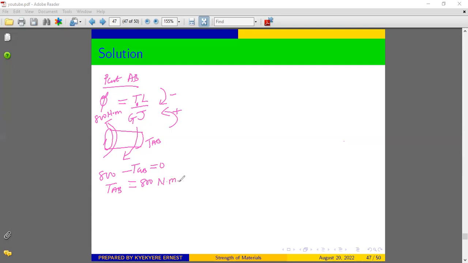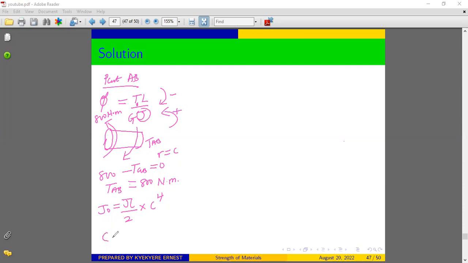Having been able to do that, we need to also determine JO. And we know that JO is equal to, the formula is pi on 2 for solid shafts. This part is solid, so pi on 2 times C raised to the power 4, where C is the same as the radius. Don't be confused when that is used interchangeably. Some books use R, others use C. They are the same thing, representing the radius.